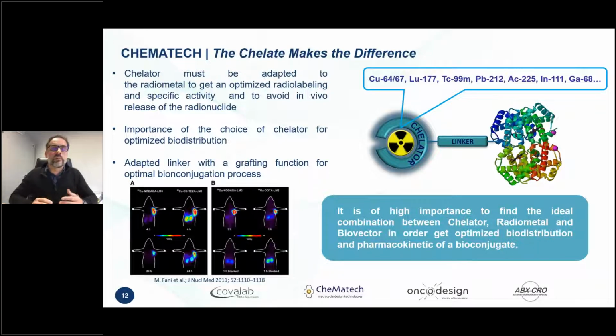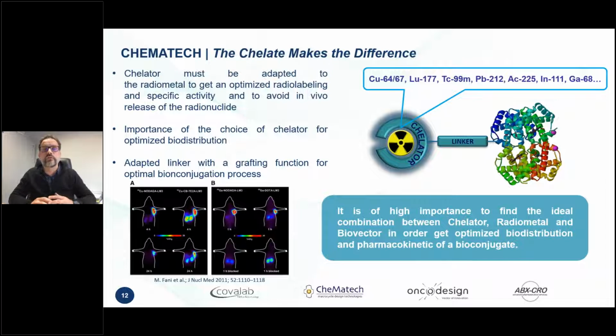As you can imagine, the main role of the chelator is to trap the radiometal. So you have to adapt the chelator to the radio element in terms of coordination sites and size, in order to get the most stable complex and avoid the in vivo release of the metal. But you also have to play with the chelator to get optimized radiolabeling and reach high specific activity.